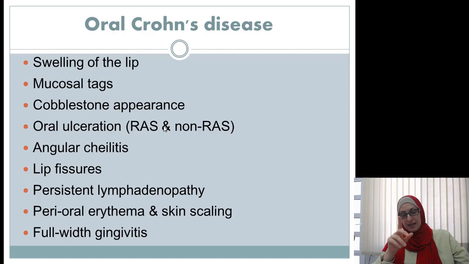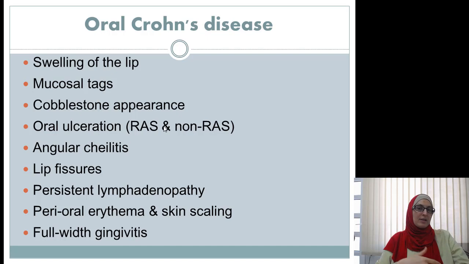This is one point. Another point is that ulcerative colitis is more severe, with severe sudden diarrhea and excessive blood in the diarrhea. This would make the patient so concerned, and he will usually go and see the doctor. So it's very unlikely that you will diagnose a patient with ulcerative colitis based on the oral finding.